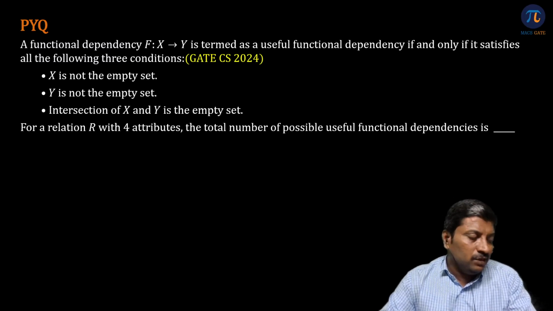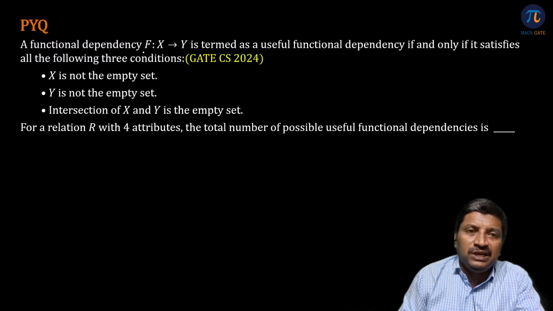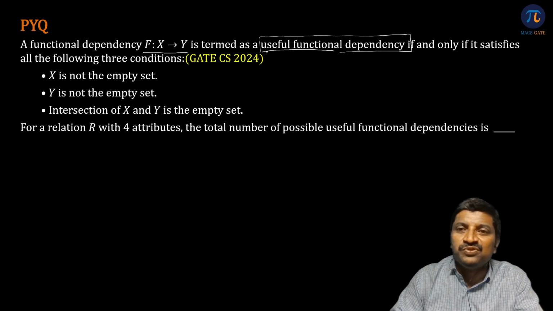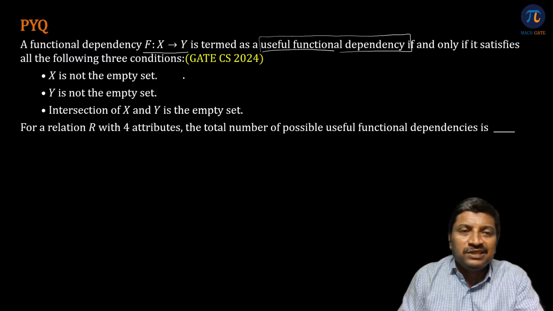Let's solve it. Let us go through the question. A functional dependency f of X to Y is termed a useful functional dependency. That means they have given a property called useful. When is it useful, sir? If it satisfies these three conditions. What are the three conditions?